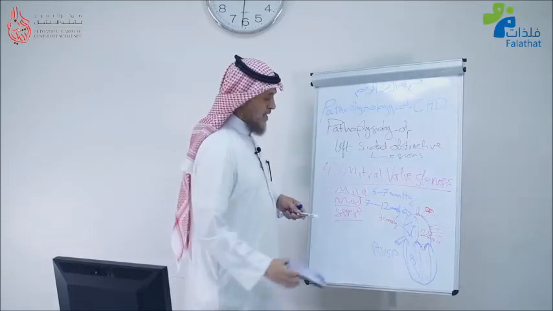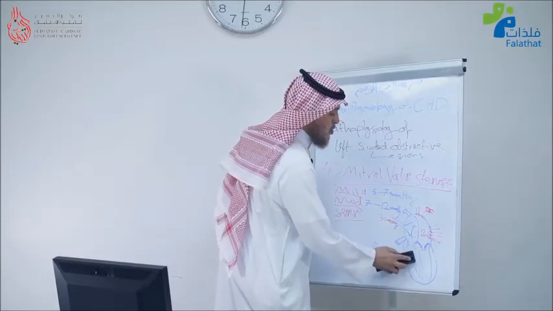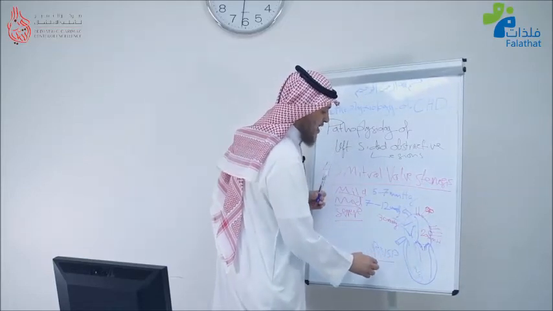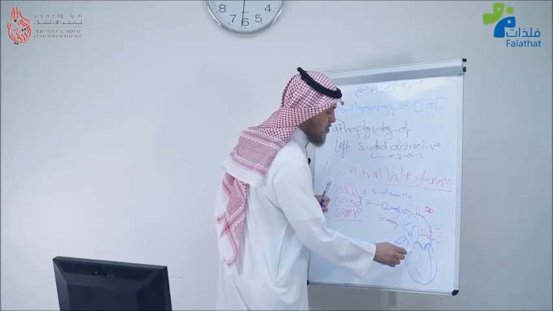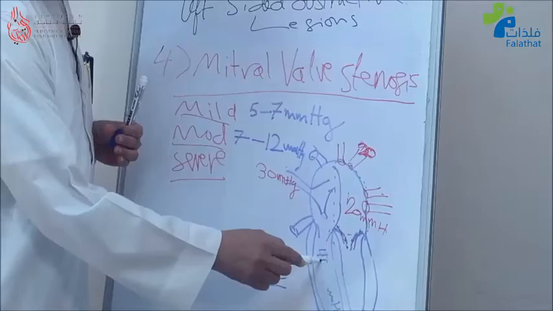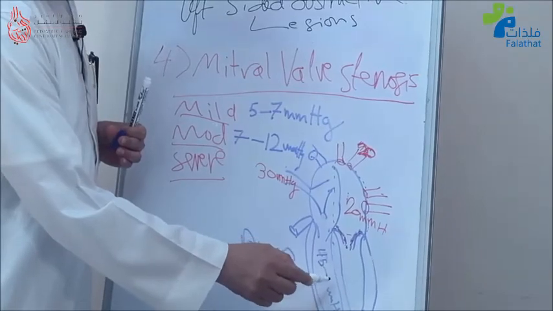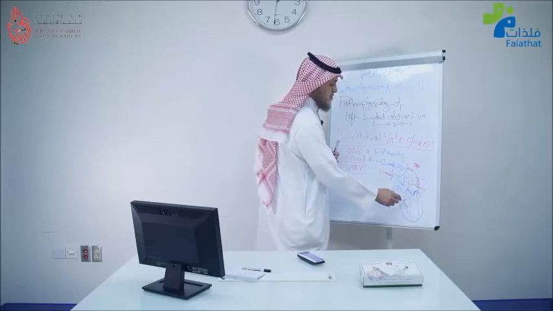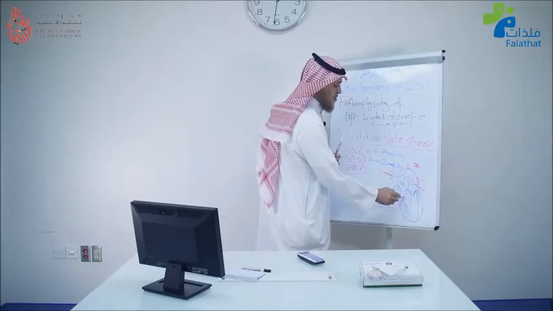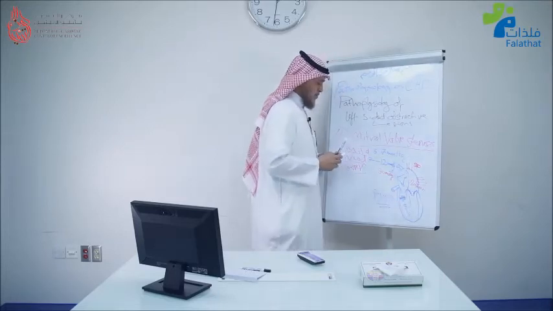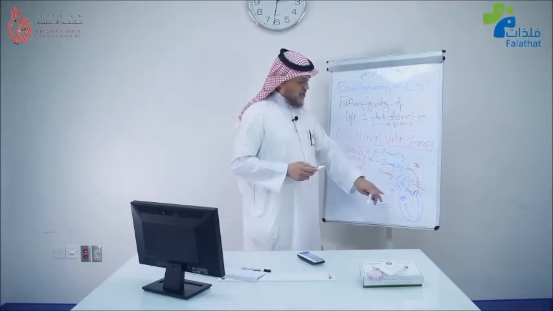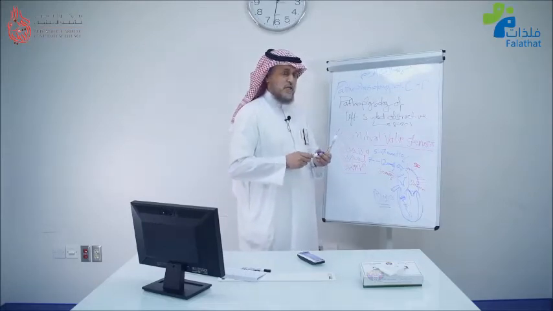So we would expect now at least moderate elevation of the right ventricular systolic pressure, anything between 45 to 60 millimeter mercury. And here we do have moderate elevation of the right ventricular systolic pressure.